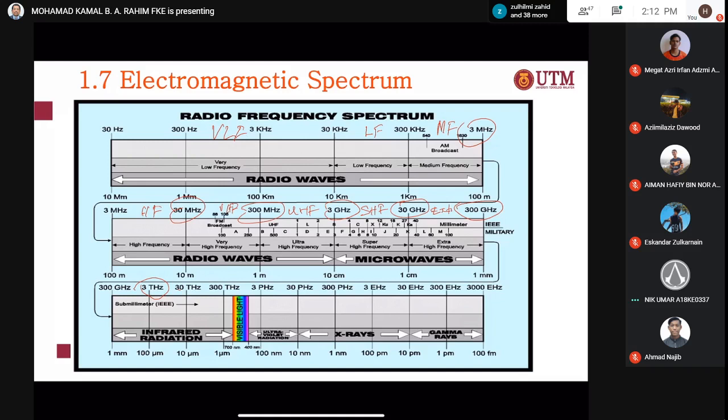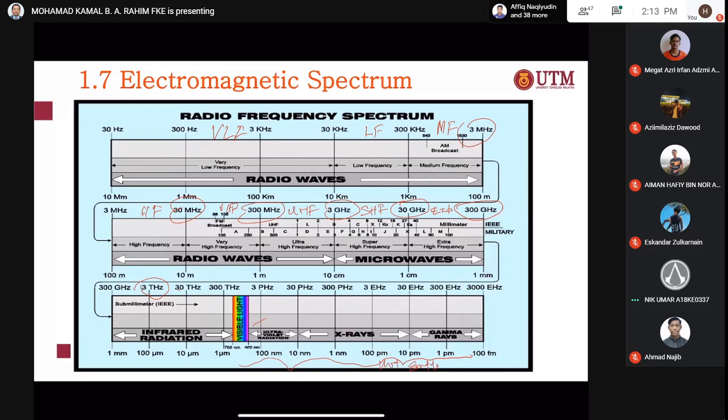Okay? And then after that, it goes to sub-millimeter, and then all these things become ultraviolet, X-ray, gamma ray. So this is the range of frequency that is not suitable to be received.